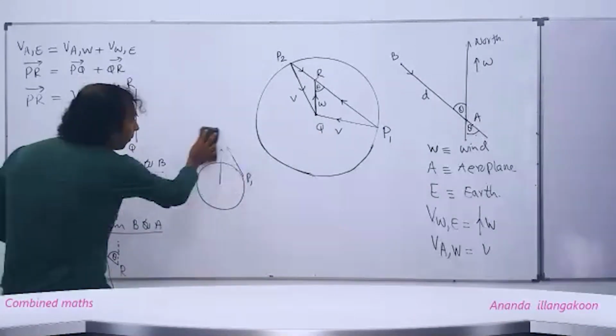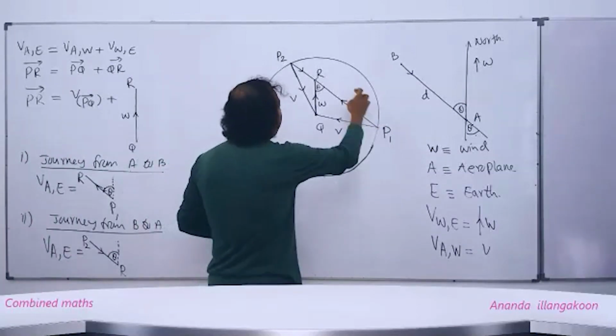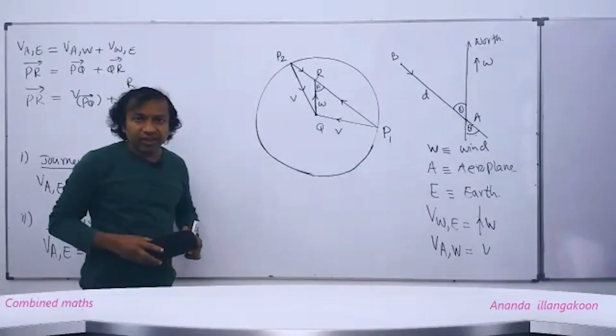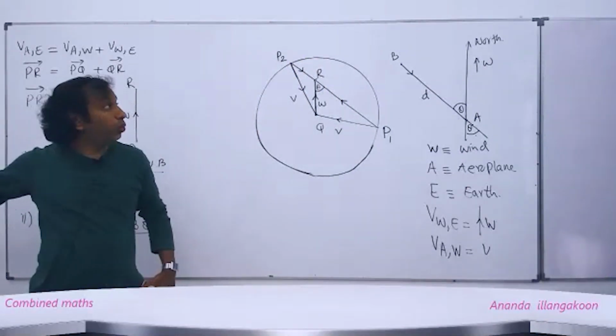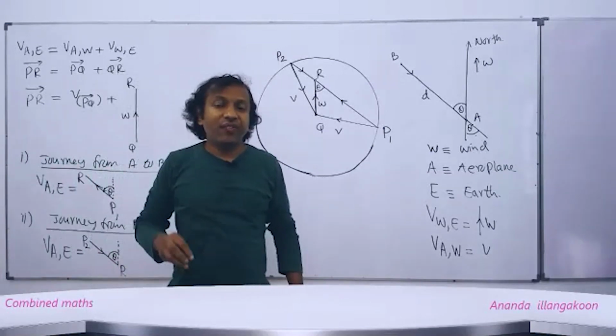Now our purpose is to find the P1R and P2R velocities, that is, the P1R length and P2R length. Now you have to use your trigonometry knowledge.